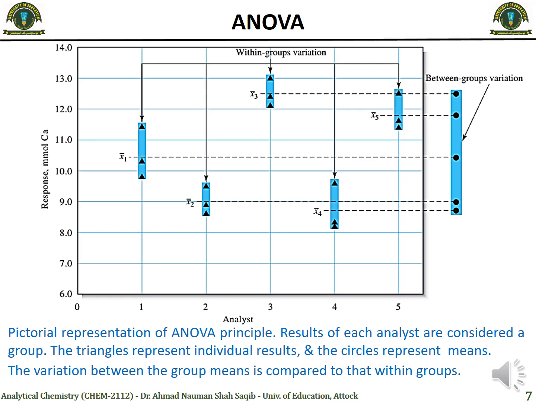As you can see on the right side, we have 5 circles, 1 2 3 4 5, which show the mean value of each analyst, and we also know the variation within the analysis of each analyst. Then we compare these 5 mean values from the different analysts with each other.